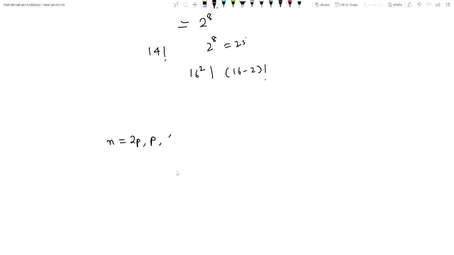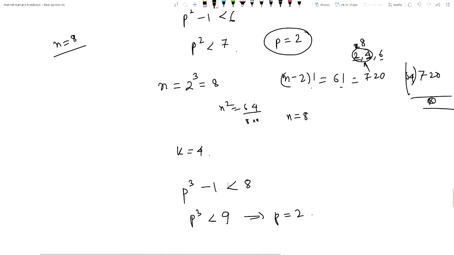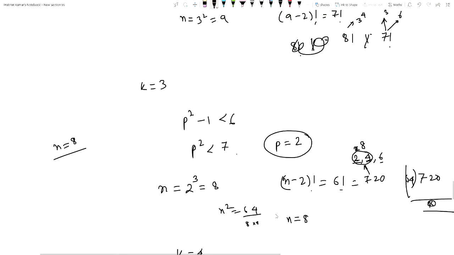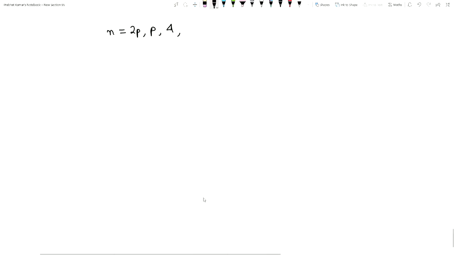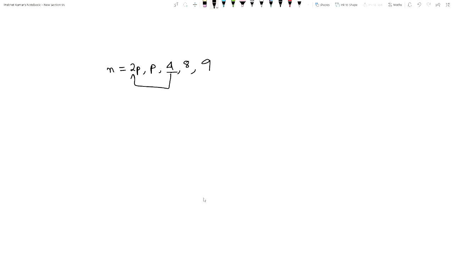And thirdly, n is 8 is there, I think, and I think 9 is also there. But this 4 can be put in this 2p form, right? So if you want only the general thing, it's p, 2p, 8, and 9.